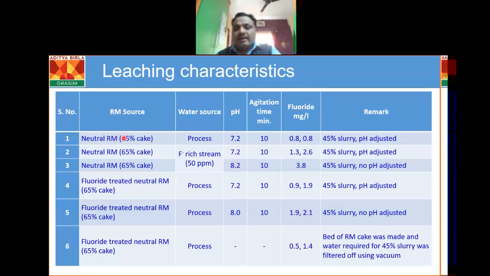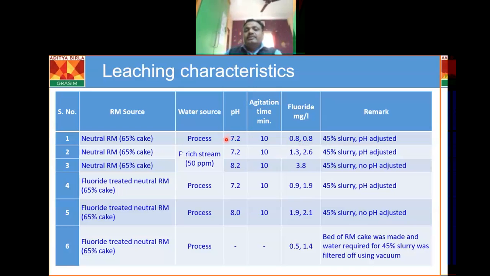So we took the neutral RM and passed processed water having pH 7.2 with 10-minute agitation time. There was the leachate which we got contain about 1 ppm of fluoride.